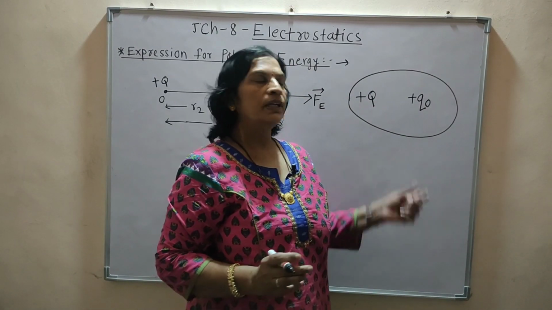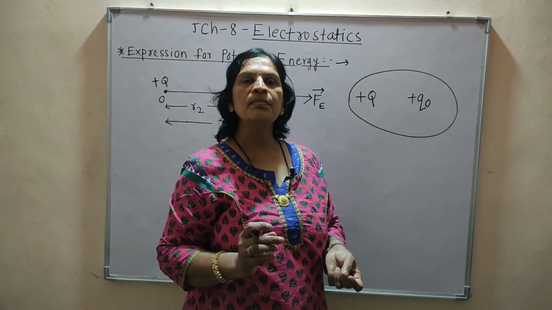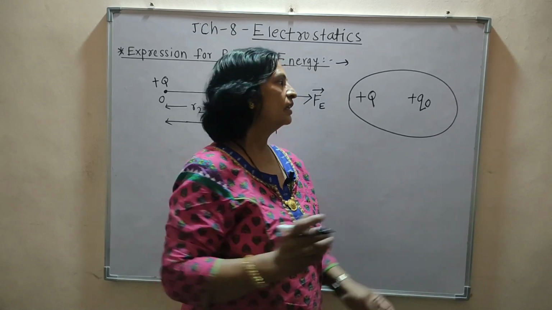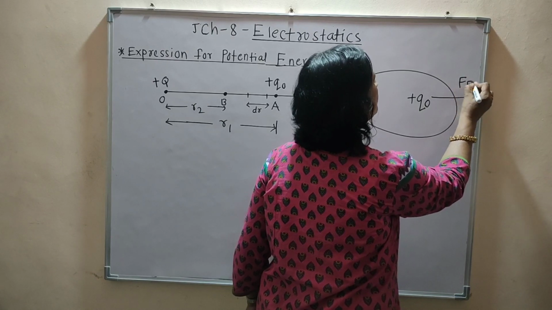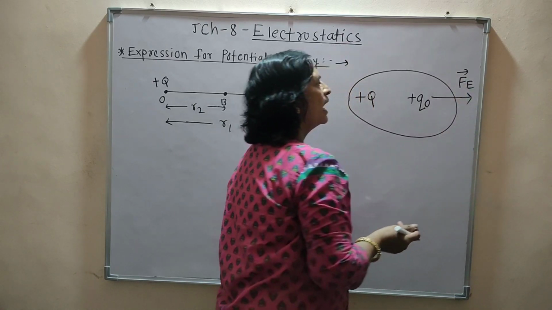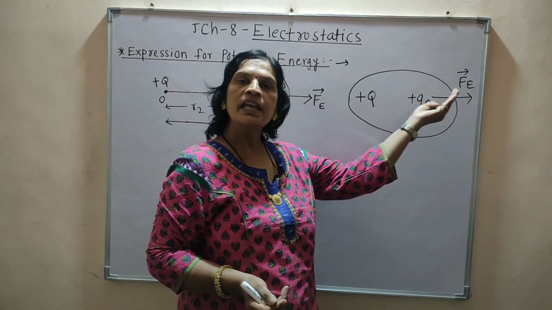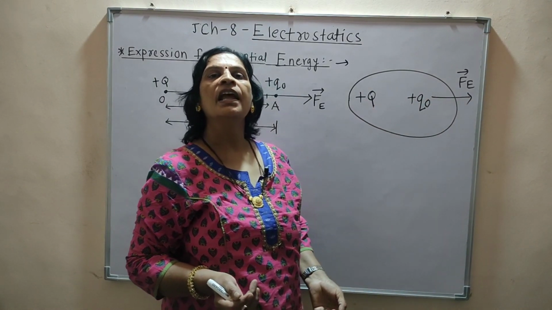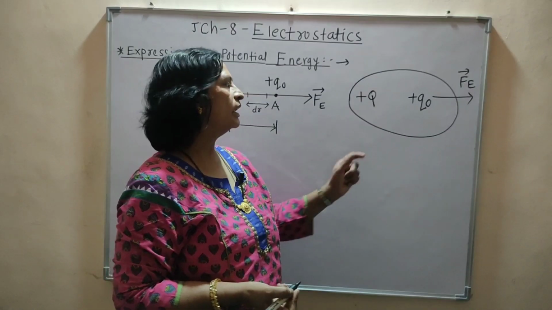Then, when the two charges are positive, there is a force of repulsion. This is the direction of the force of repulsion between these two charges. And if we have to move this test charge against this force of repulsion, we have to do some work on it.